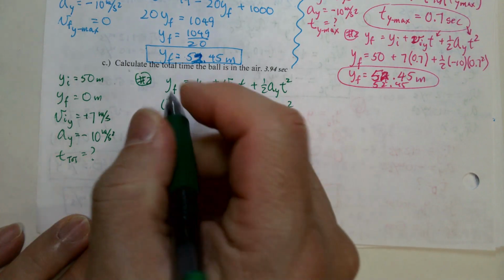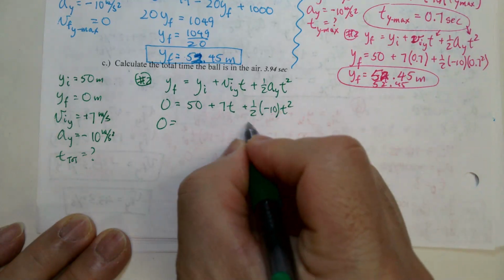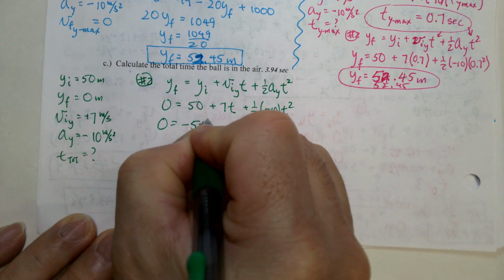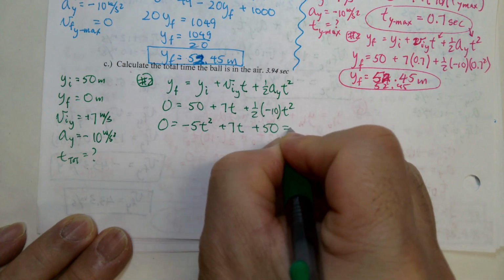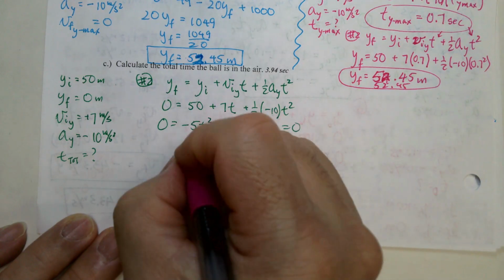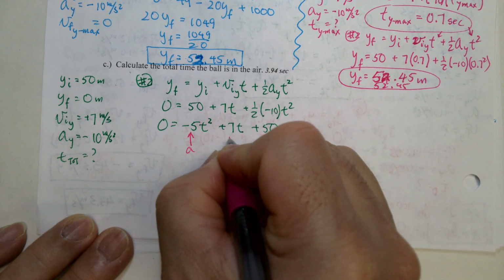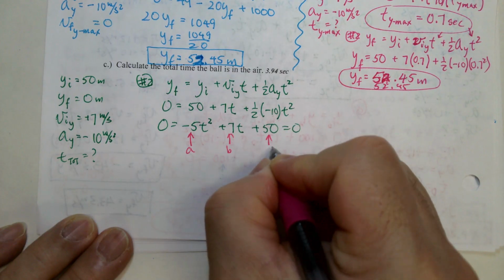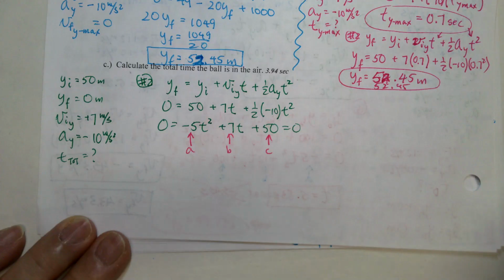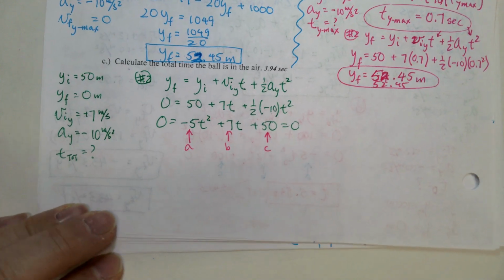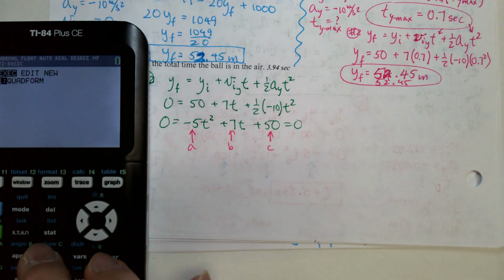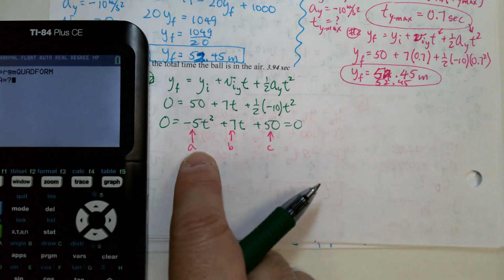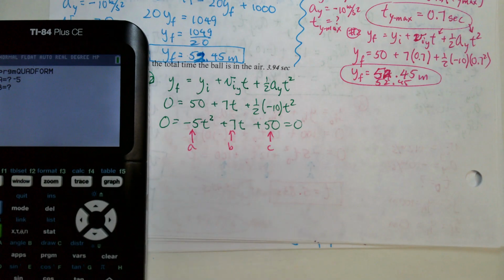So if I write this in descending order, I get negative 5t squared plus 7t plus 50 is equal to 0. So this here is my A, this here is my B, and this here is my C. And if you work it out, you go to program, and then you put in negative 5, 7, and 50.